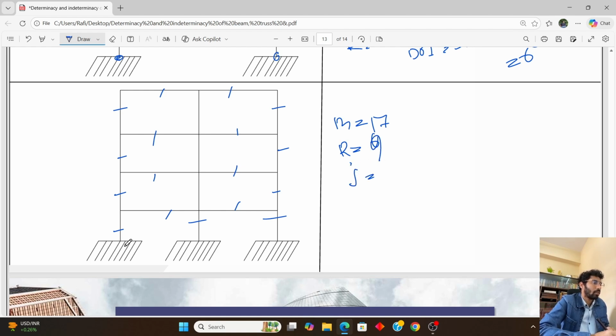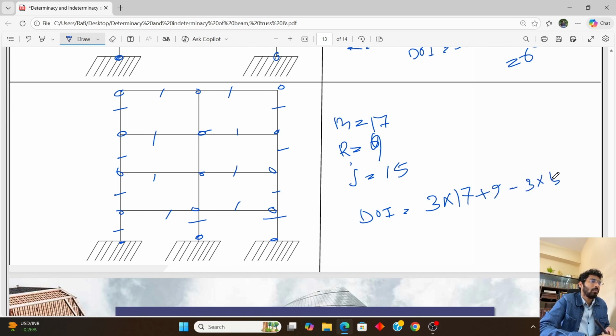The number of J will be 1 2 3 4 5 6 7 8 9 10 11 12 13 14 15. So the number of J will be 15. So the degree of indeterminacy will be 3 into 17 plus 9 minus 3 into 15. Okay, so there will be a value here. So this is how we will solve the degree of indeterminacy of the frame.